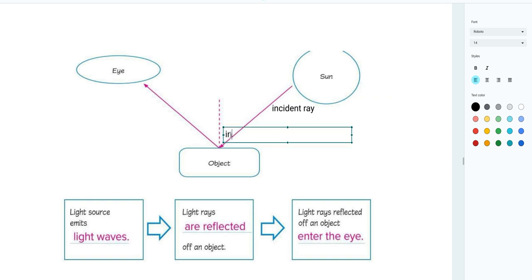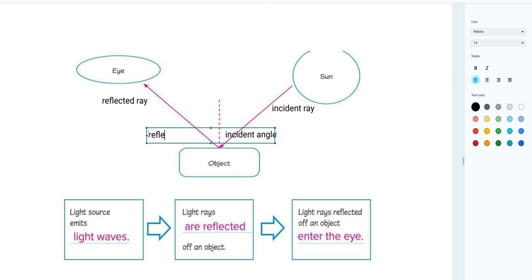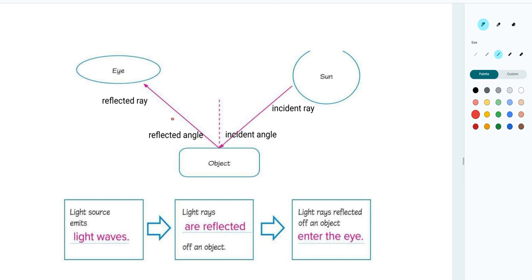And then we have our incident angle. And here we have our reflected ray. And then we also have down here our reflected angle. Okay, so here's our reflected angle right there, and our incident angle is right there.